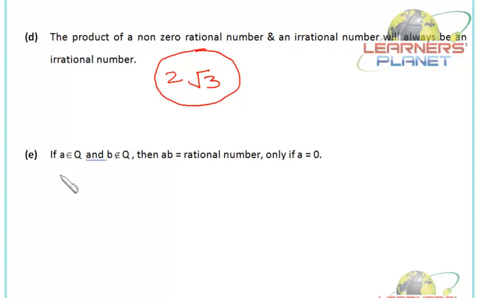Similarly, if there is an element A that belongs to rational numbers and an element B that doesn't belong to rational numbers, then AB is rational only if A is 0. That means the rational number we are talking about here is 0. So 0 into any irrational number, say root 3, will be 0, and this 0 is a rational number. Okay friends.